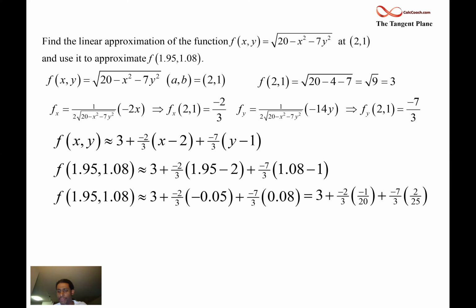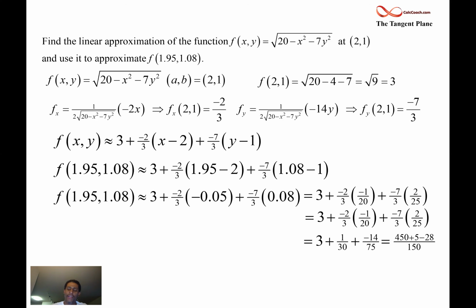We don't have a calculator, but still we can handle this. This 2 and this 20 combined to be a 10 in the denominator, so that's 1/30. And then as far as the other one, it's going to be negative 14 over 75. And so the common denominator between 75 and 30 is 150.